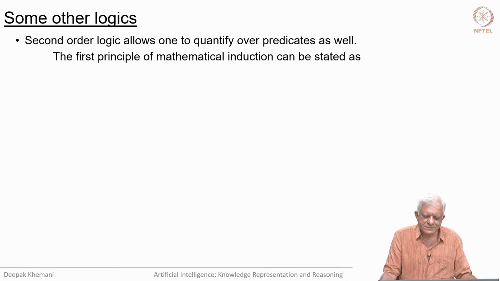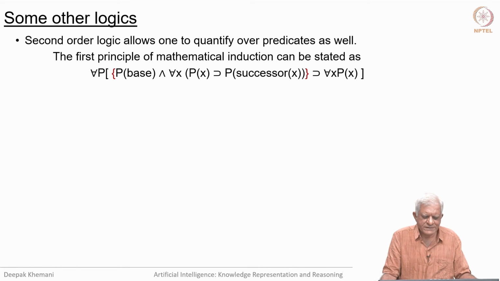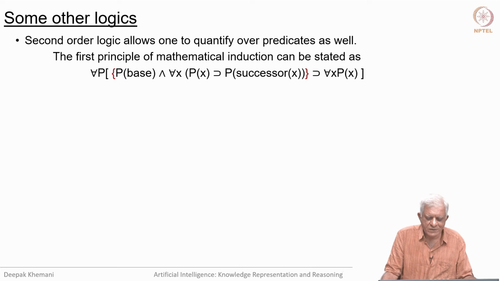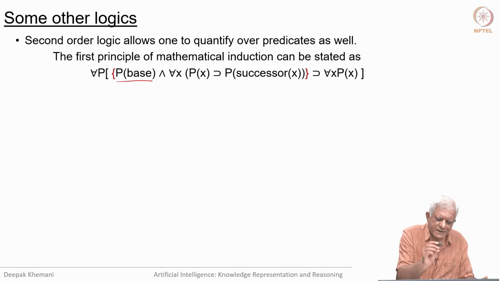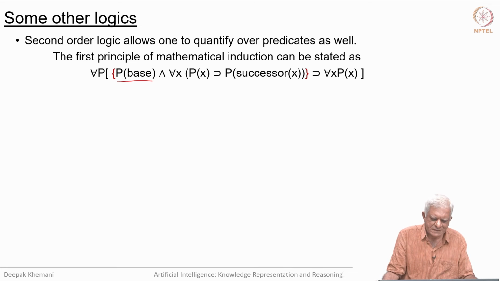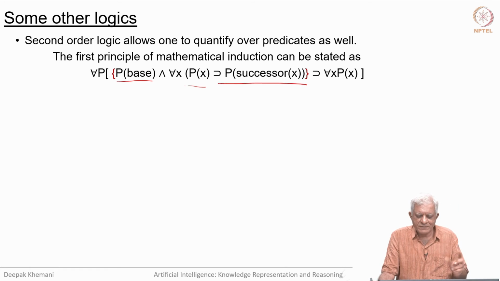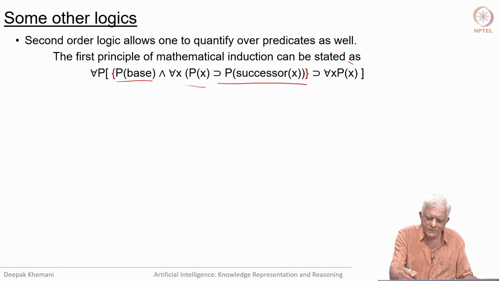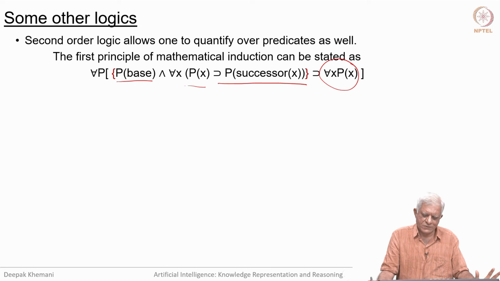And one interesting sentence which has to be classified as second order logic is the principle of mathematical induction, the first principle of mathematical induction. What it says, if you remember, is that if the predicate is true for some base clause, let us say 0 or something, if you are talking about natural numbers, and if you can show that p of x implies p of successor of x, then between these two things it is enough to show that for all x p x is true essentially.